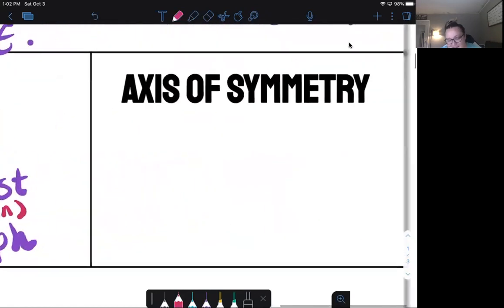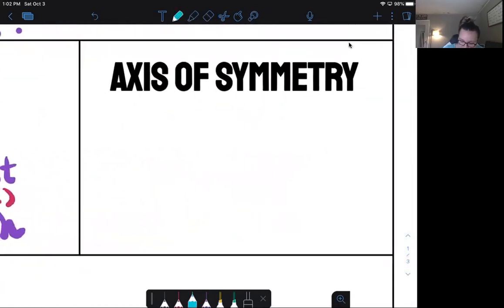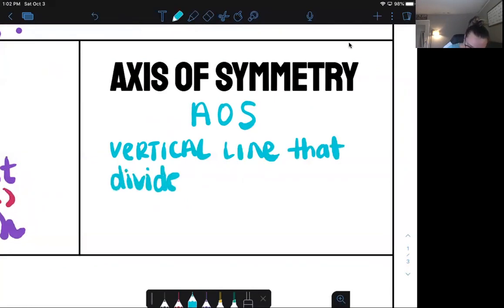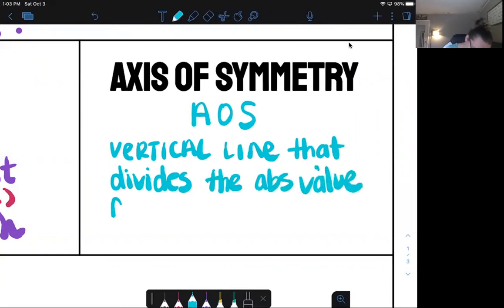Then the axis of symmetry can be shortened by just saying AOS. It is the vertical line that divides the absolute value function into two symmetrical halves.